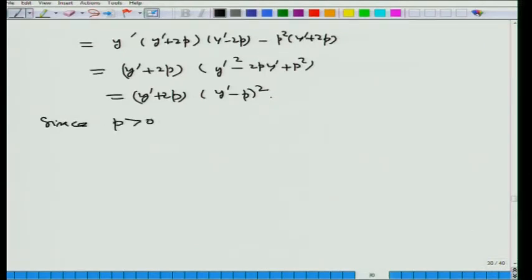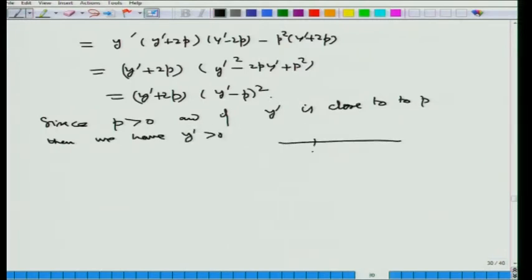Since p is positive here, if y prime is close to p, then we have y prime positive. So it is like this: you have 0 here and p is here, and supposing we take a small neighborhood around this, so that y prime lies in this, then y prime will be positive here.